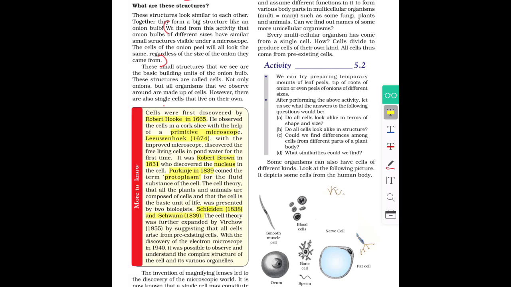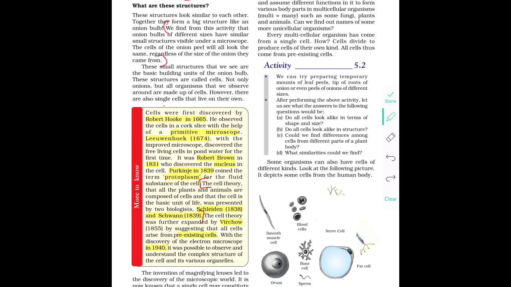With the discovery of the electron microscope in 1940, it was possible to observe and understand the complex structure of the cell and its various organelles. So, this is an account of different scientists who helped in giving various information about the cell. Out of this, the most important is the cell theory, which you need to remember to study biology.